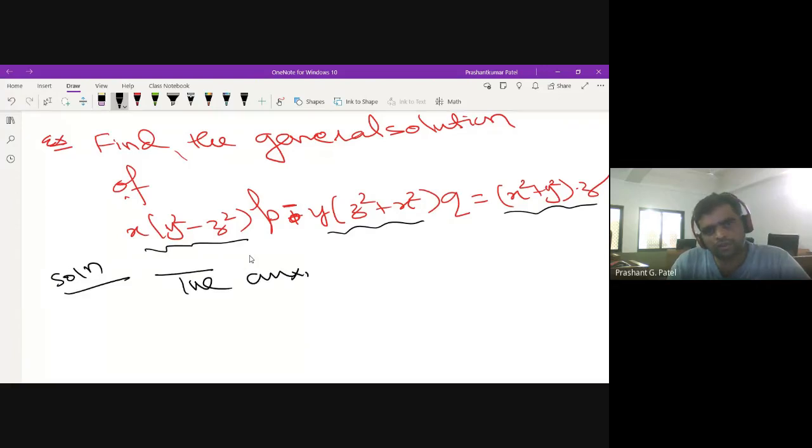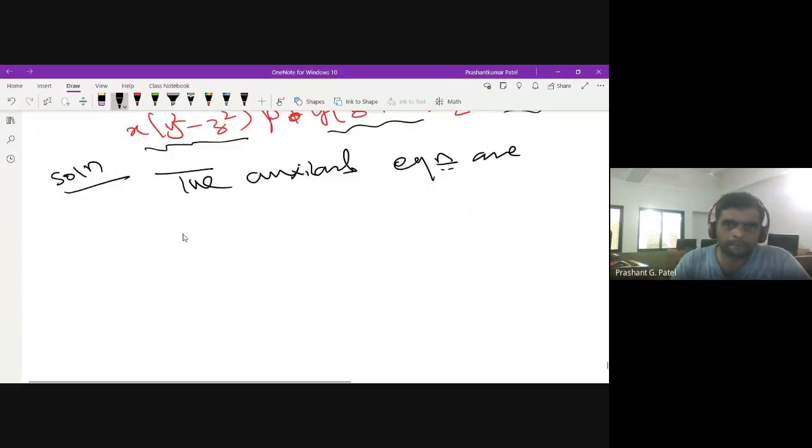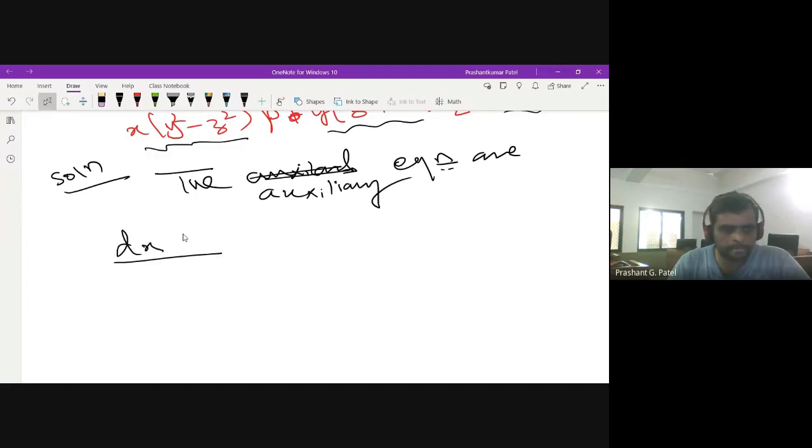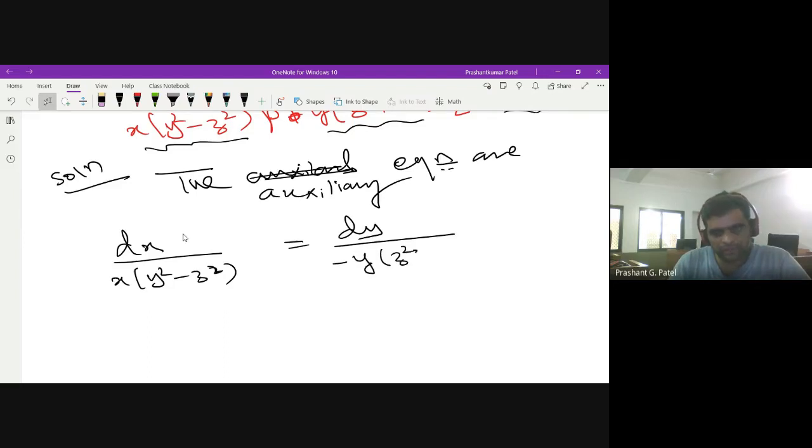The auxiliary equations are dx upon x into (y square minus z square) equal to dy upon minus y into (z square plus x square) equal to dz upon z into (x square plus y square).